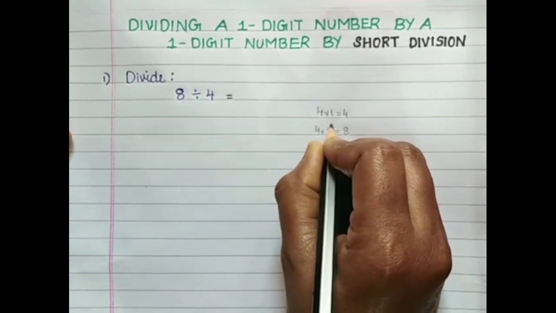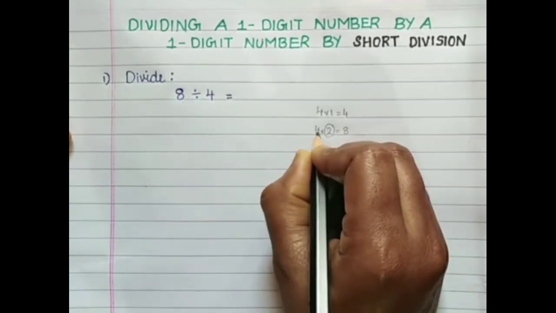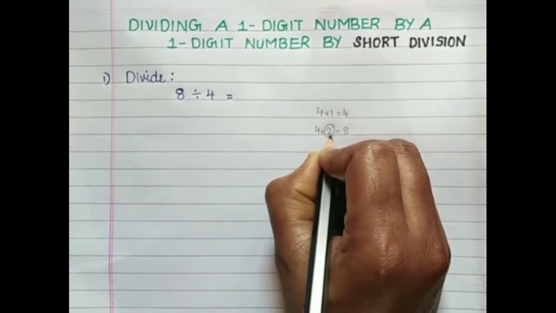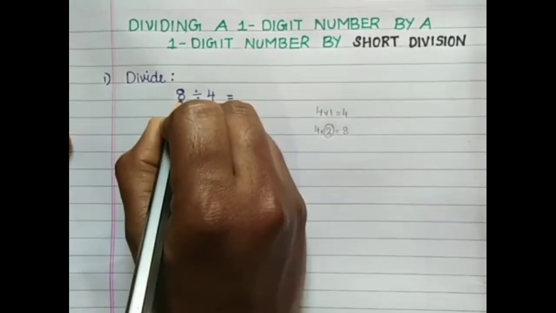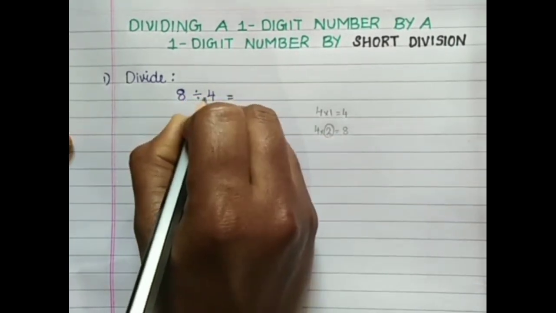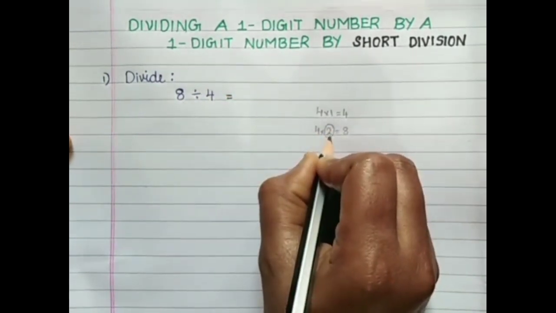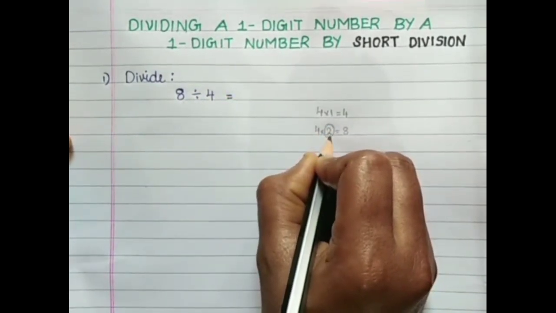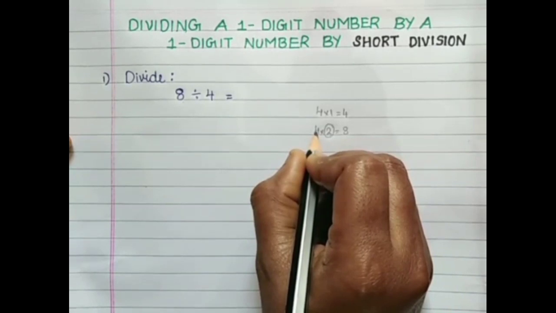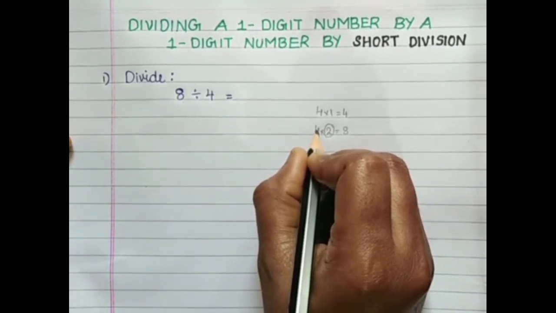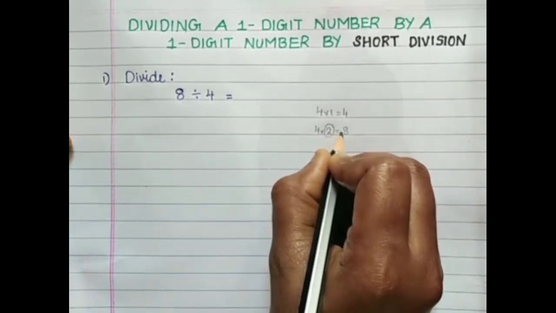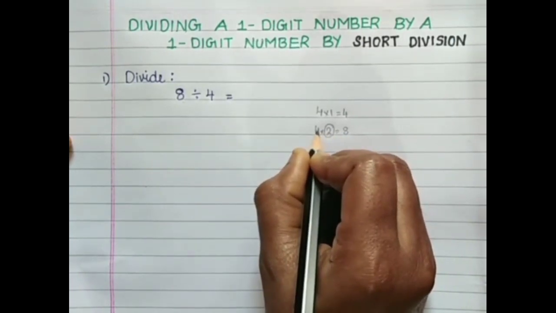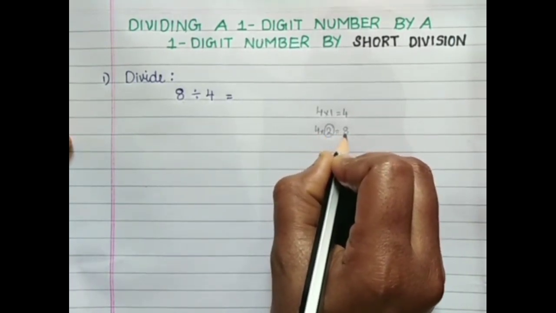How many times? Yes, we have the number 8 in the table of 4 2 times. Isn't it? So when we divide the number 8 with 4, we get the answer, yes, 2. Because when we say the table of 4, we have 4 2s are 8. So in the table of 4, 2 times we get the number 8.